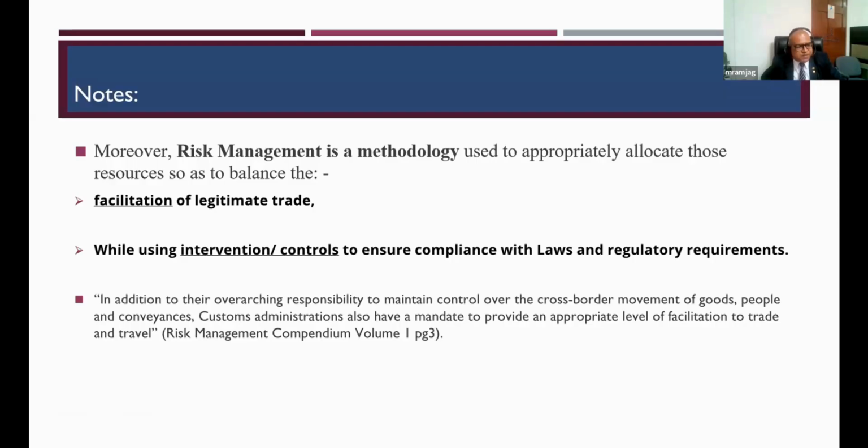So with risk management, it helps to facilitate legitimate trade. Apart from that, it also helps you to identify the high risk consignments. So while paying less attention to the low risk consignments and cargo, you're paying more attention to the high risk, and your hit rates will be higher. There are some notes at the bottom as well.